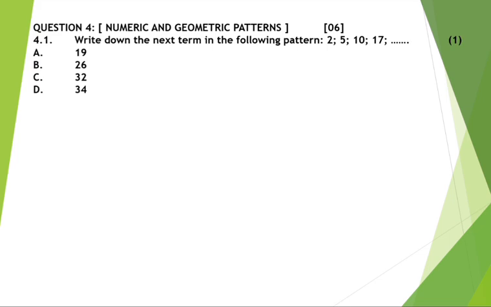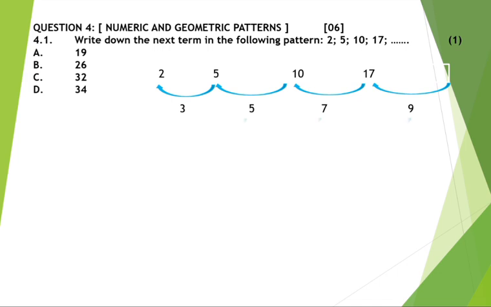Question 4, numeric and geometric patterns, 6 marks. Write down the next term in the following pattern: 2, 5, 10, 17. Looking at the differences, we have 3, 5, 7, 9?